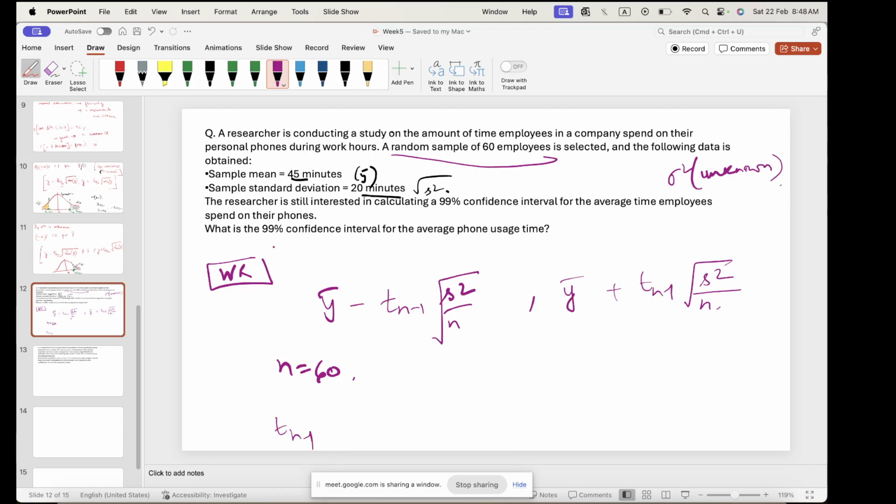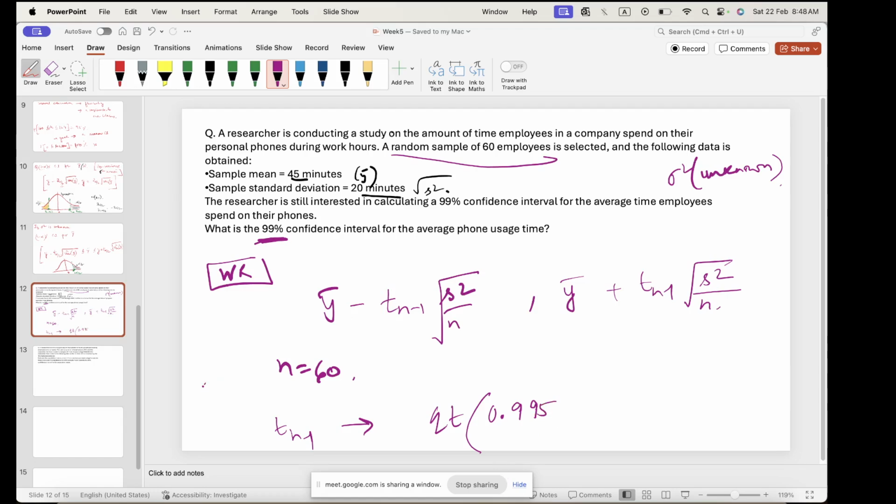Here since I want a 99% confidence interval, I should give qt 0.995.